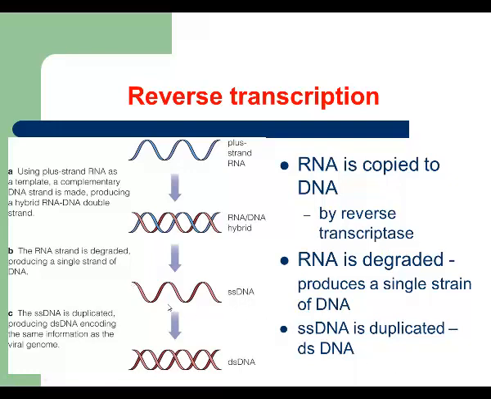Next, the single-stranded DNA will be copied again, or duplicated, and as a result, the end product of reverse transcription will be double-stranded DNA. And after that, the enzyme integrase will integrate this double-stranded DNA copy into the host chromosome.